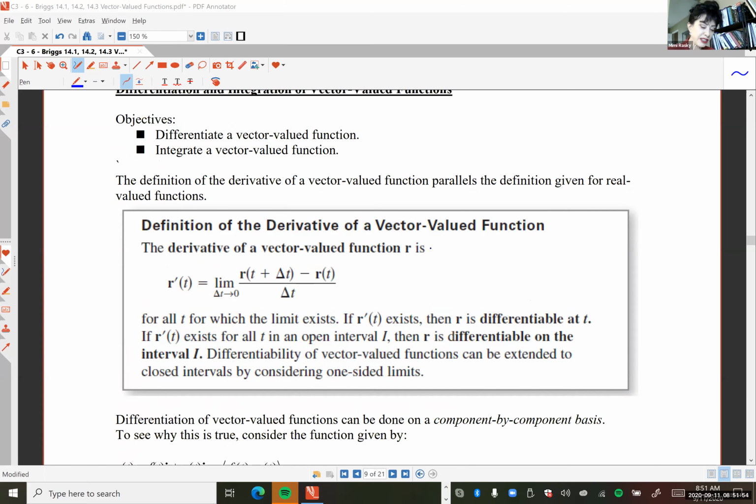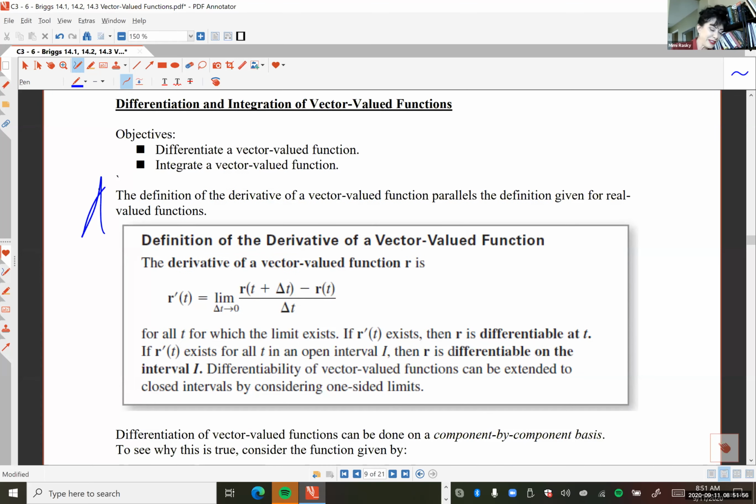So let's do the official definition of derivative, similar to what you saw in Calc 1, the limit definition of derivative, because all derivatives have a limit definition, period.